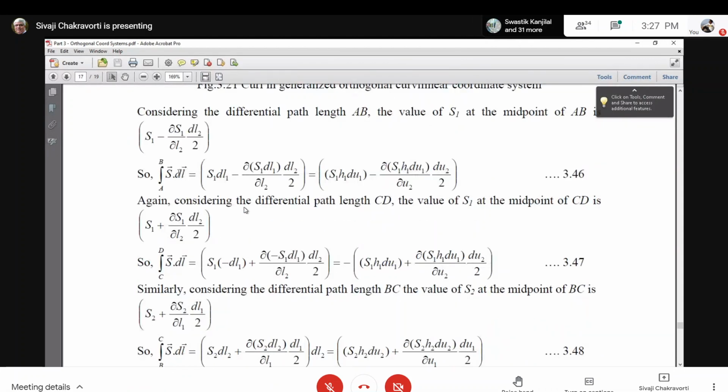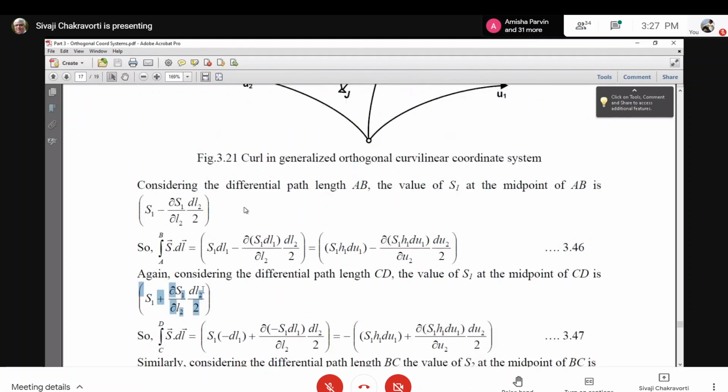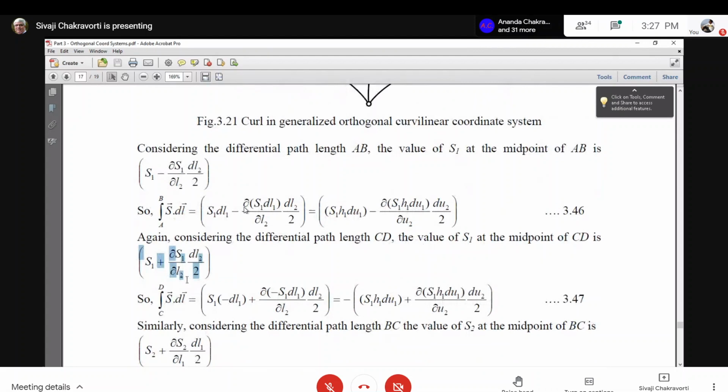So it becomes S1 plus del S1 by del L2 into this. This comes from the Taylor series: this dl2 by 2 is the distance multiplied by the first order derivative. And first order derivative in which direction? This distance is in the U2 direction, so the first order derivative is in L2.